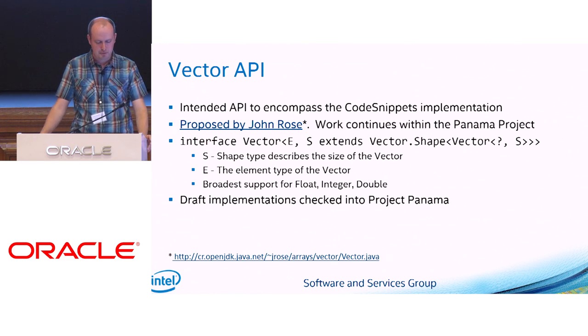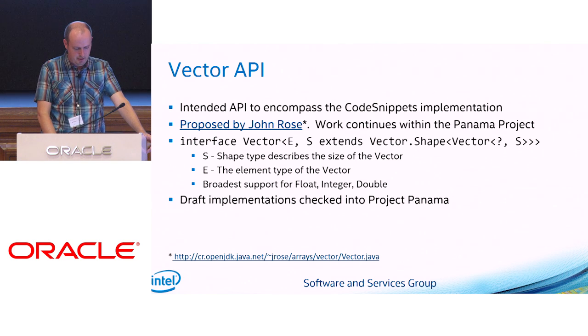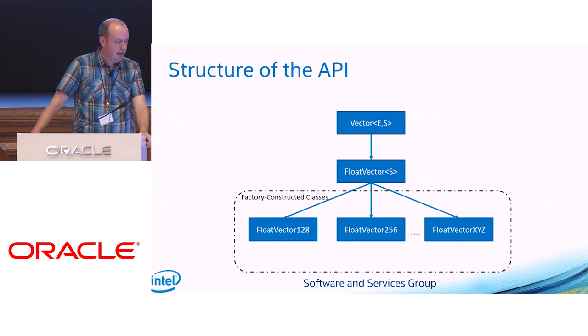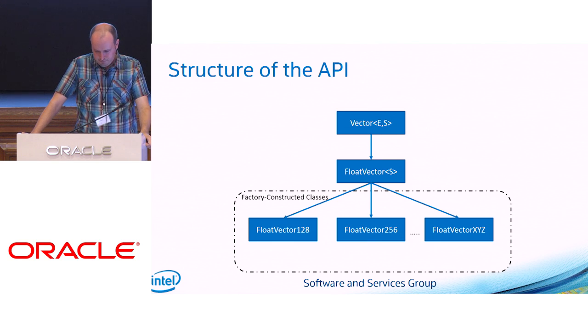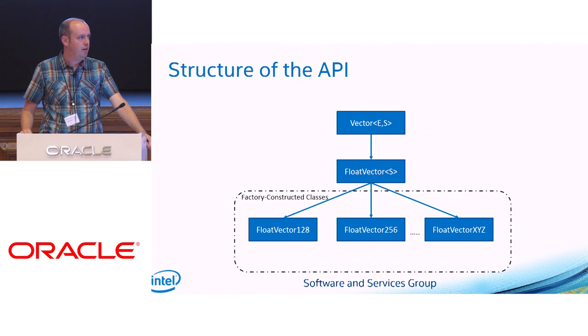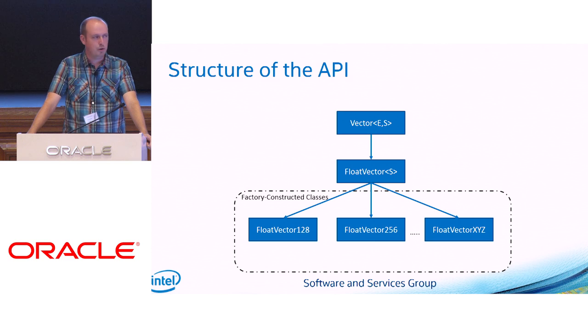The draft implementations of the vector API are checked into Project Panama. Here is a loose outline of the structure as it is right now. One of the things we're particularly interested in is rendering vectors from arrays, and vectors from boxed primitive array types.